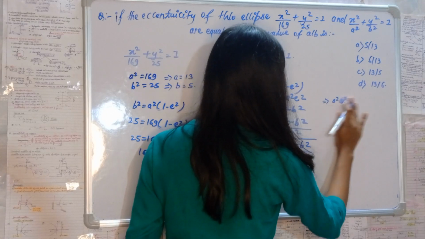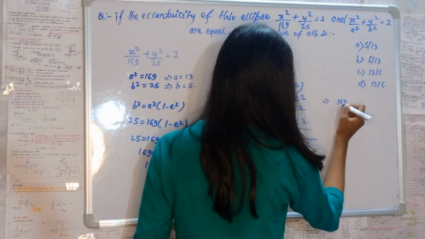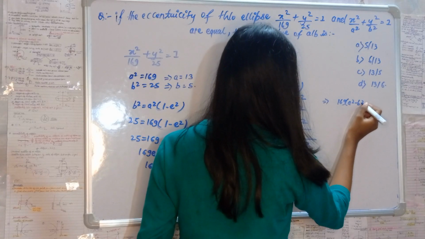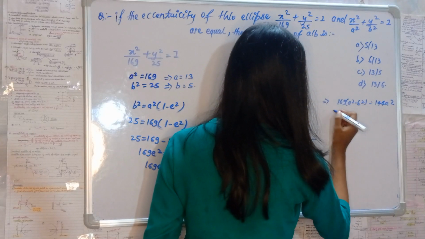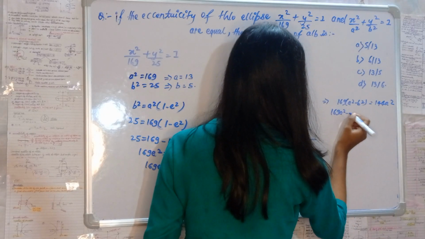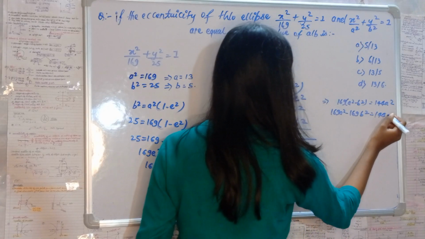So 169 times a square minus b square would be equal to 144 a square. So 169 a square minus 169 b square is equal to 144 a square.